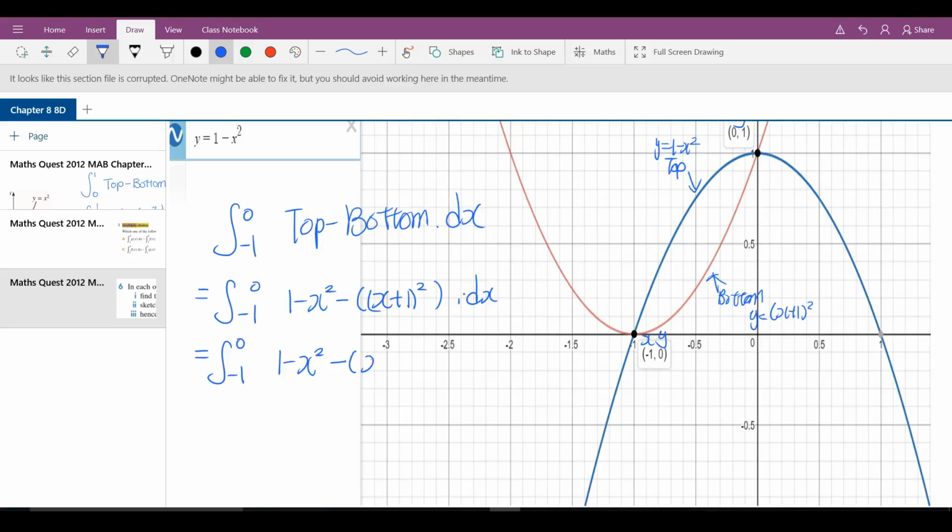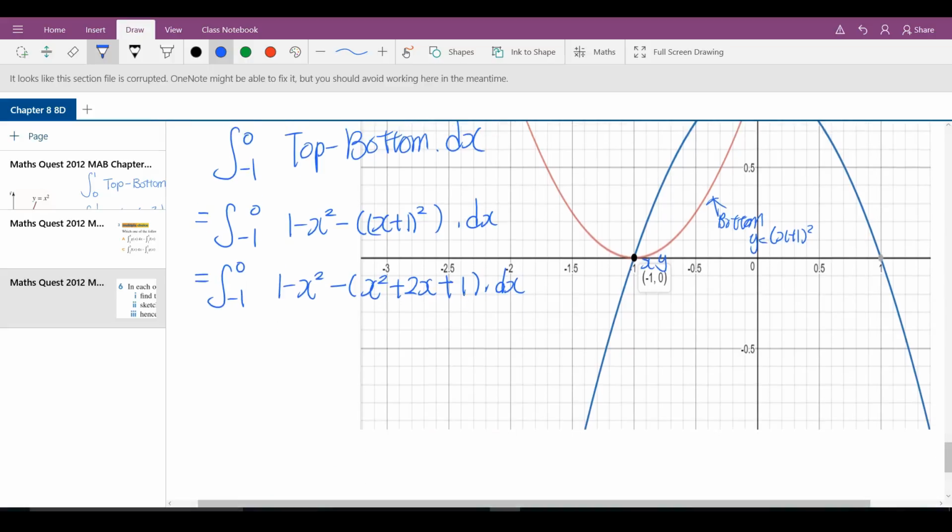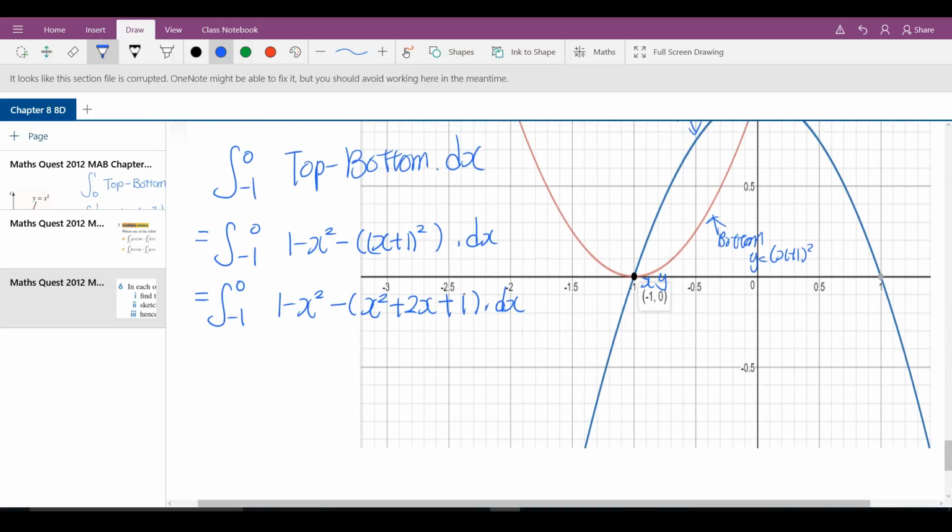So it's a squared plus 2ab plus b squared. That's it. Alright? And then we integrate that. 1 minus x squared minus x squared plus 2x. Oh no, minus 2x, because the negative would turn everything into negative. Minus 1.